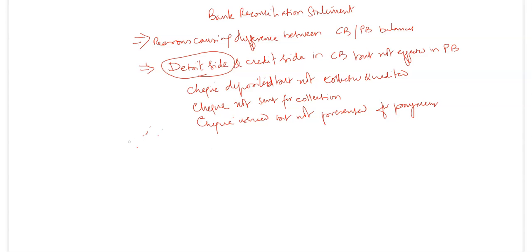And the next broad classification or reason for differences will be entries in the passbook, direct debit or credit in passbook. And we looked at the method by which we have to reconcile.